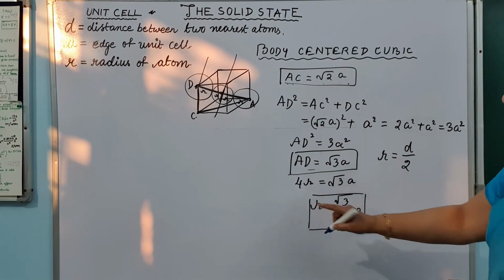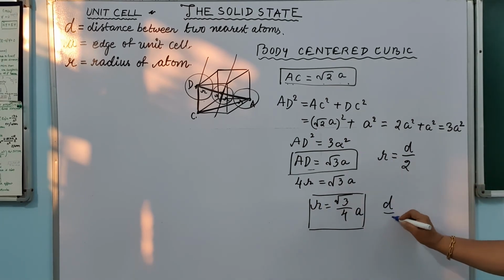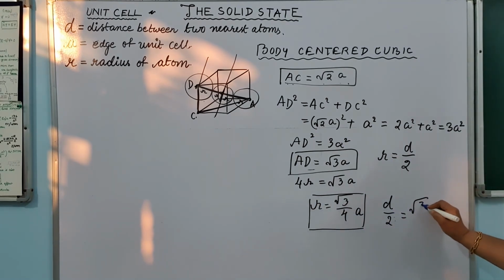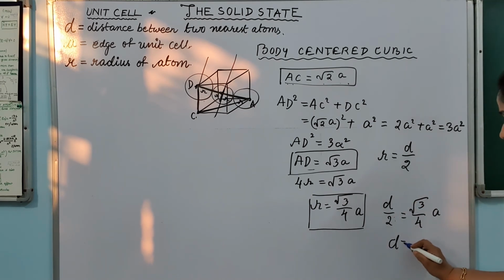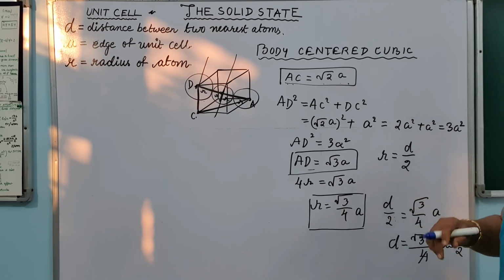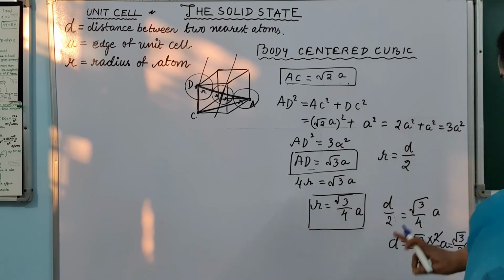So D by 2 equals root 3 by 4 A, or D equals root 3 into 2 divided by 4 A, or root 3 by 2 A. So D equals root 3 by 2 A.